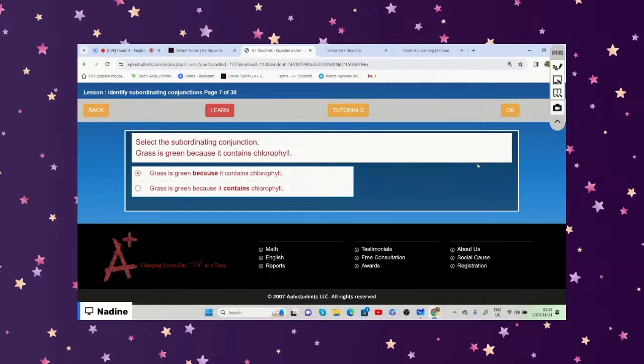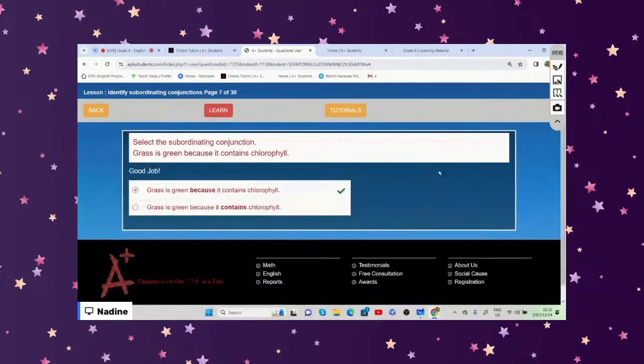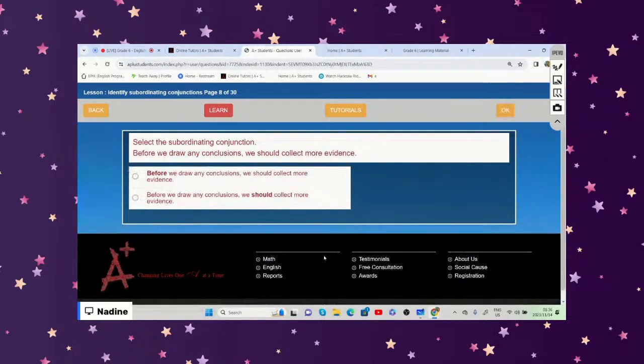Or we can look at the second one, grass is green because it contains chlorophyll. So we need to select the subordinating conjunction. So now we need to choose between these two. And chlorophyll is our answer. Now we need to select the subordinating conjunction.